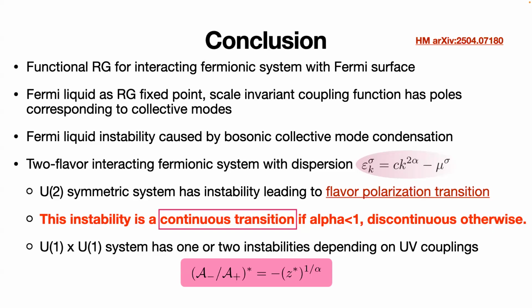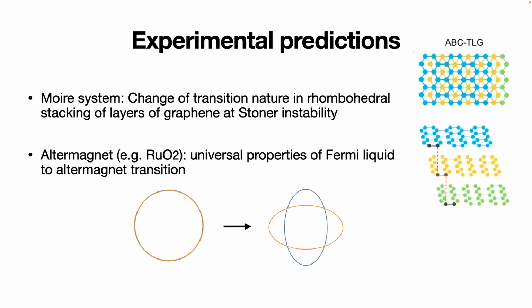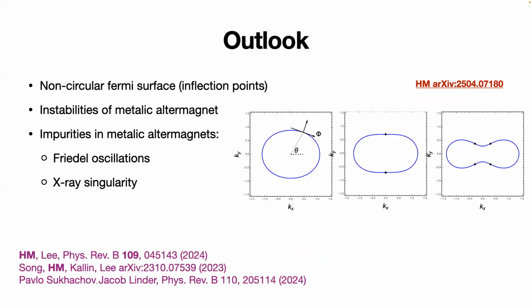And then we propose there can be some universal data at the continuous transition. This theoretical result can possibly be verified by experiments in moiré systems or altermagnet systems, in the Fermi liquid to other phase transitions. Using the same method, we can study various different things.